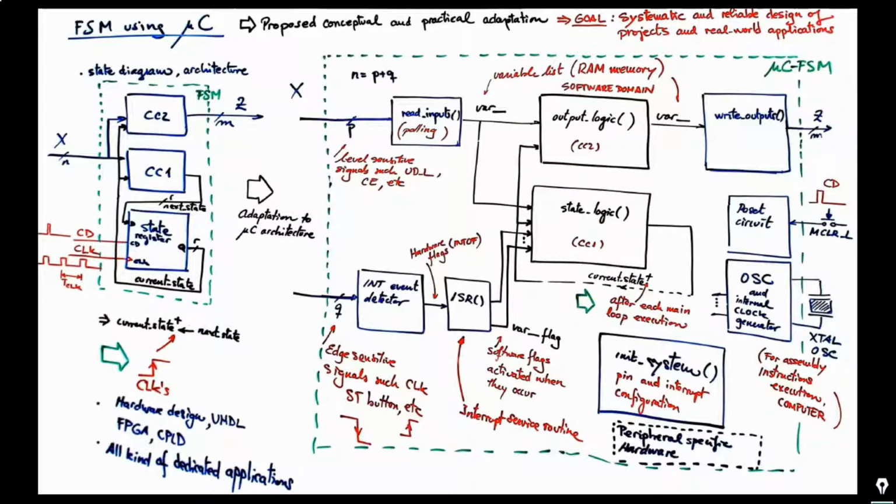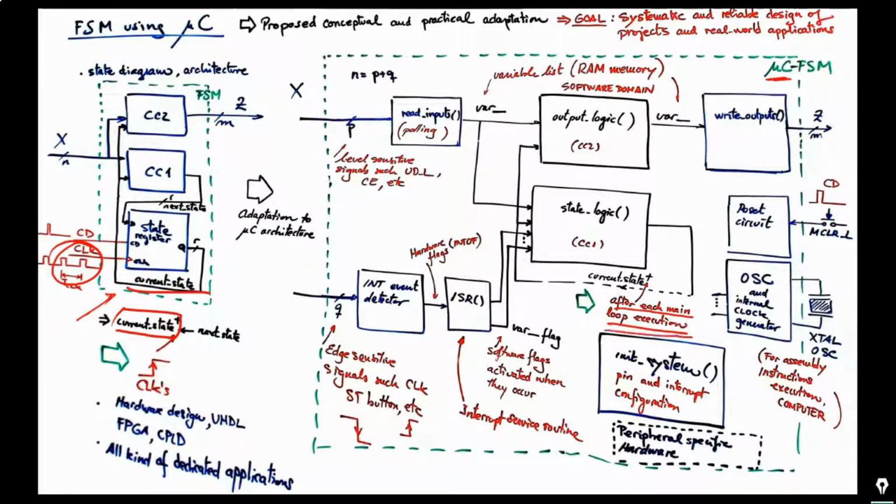Very well, but this time there is logically another big difference. If this finite state machine update happens in this classic design at every single clock edge, here in the microprocessor environment this update happens after each main loop execution.